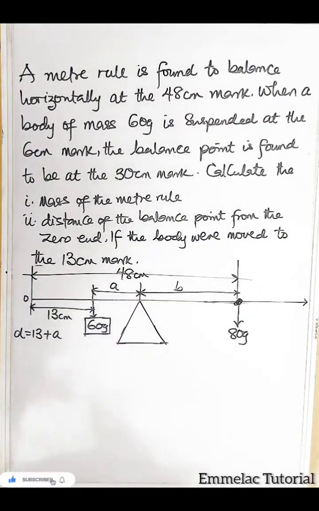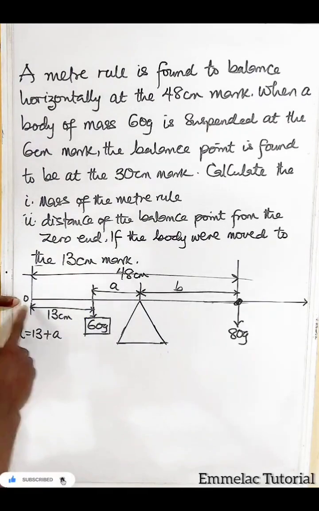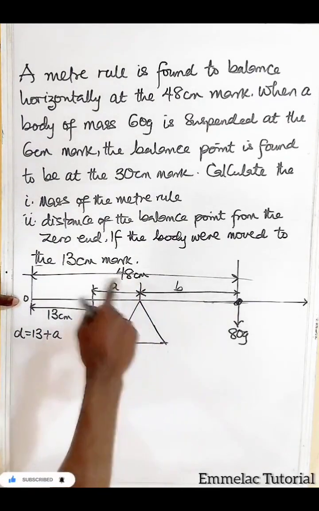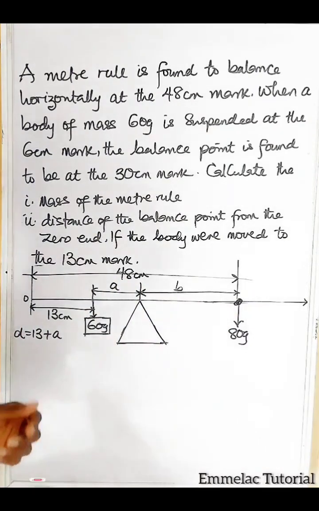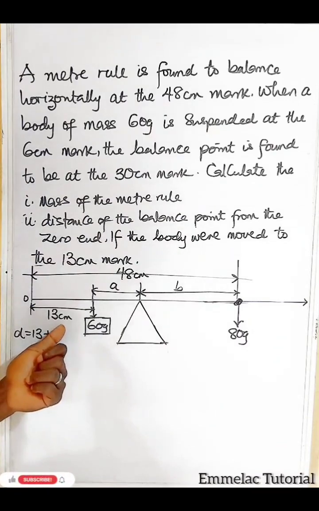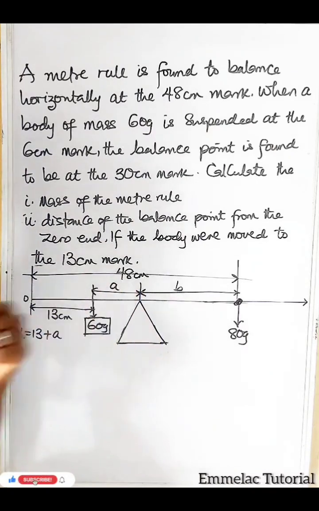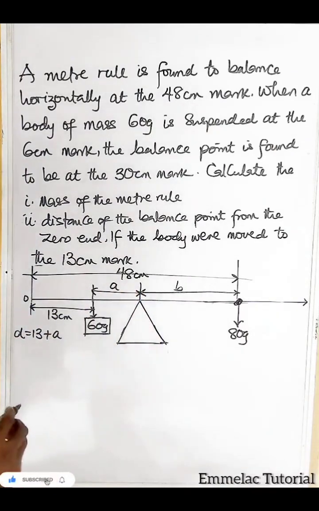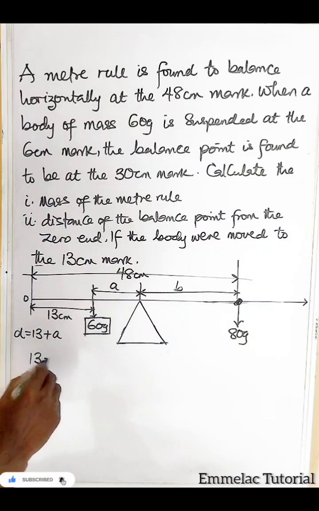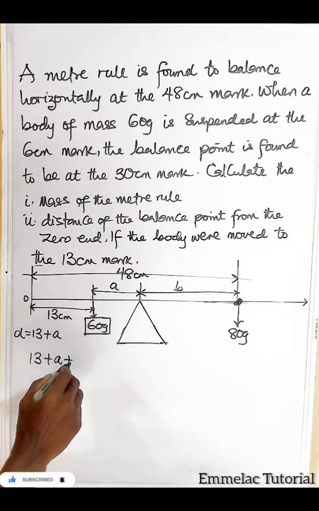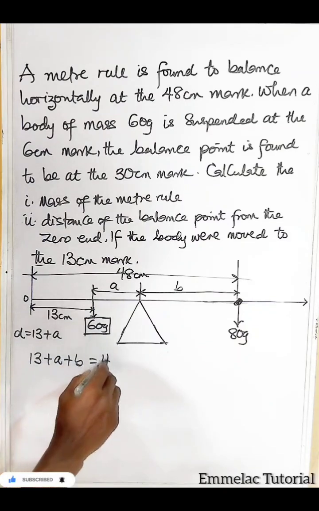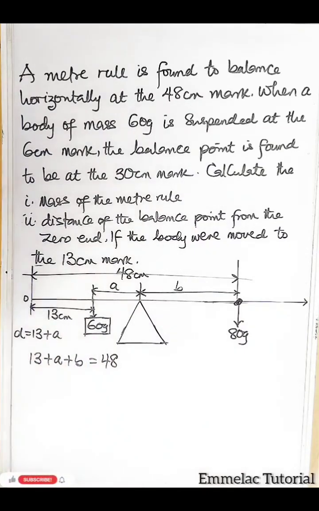Now take note, from 0 to 80 here is 48, which implies that 13 plus A plus B should give us 48, right? So let us have that 13 plus A plus B must be equal to 48.